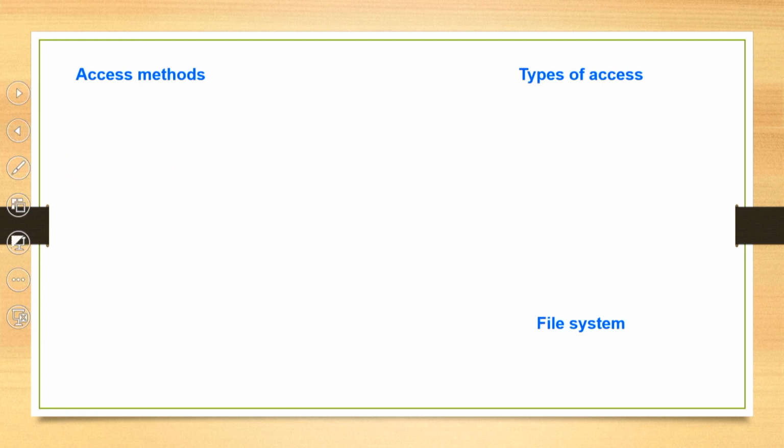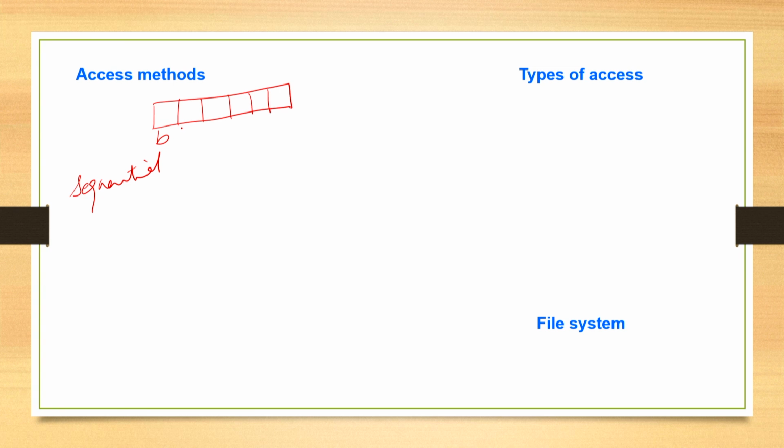So the first thing is: how can you access the file? You can access the file because it is stored in the memory. That memory is divided into cells where the data is stored, and a file is nothing but a collection of this data. So it can be accessed in a sequential manner. Sequential manner means what?